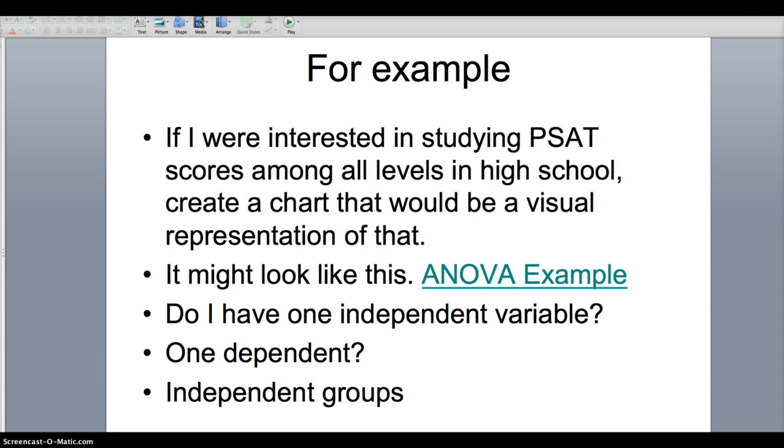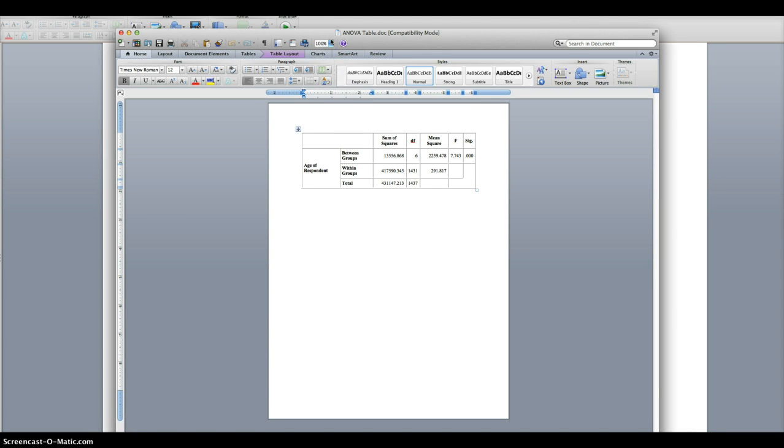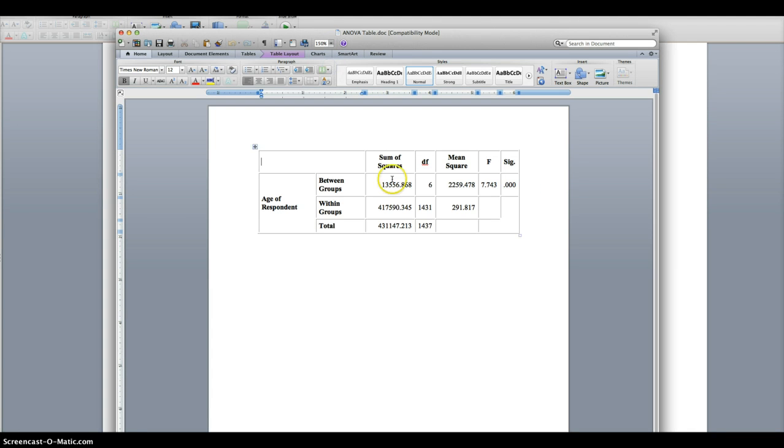So the analysis is run, and I end up with an ANOVA. ANOVA tables look something like this. What we're looking for is, obviously we have differences within groups. Not every freshman got the same score.